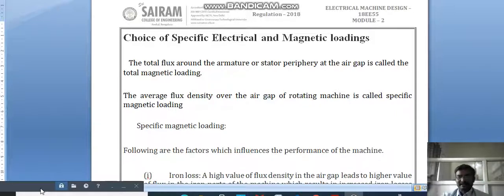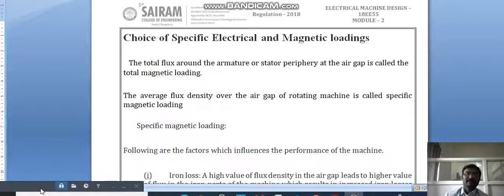When we give the supply to the motor, the magnetic flux will be generated, and that will be present in the air gap between stator and rotor. That is called the total magnetic loading.